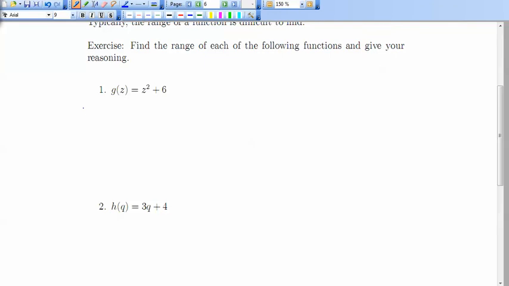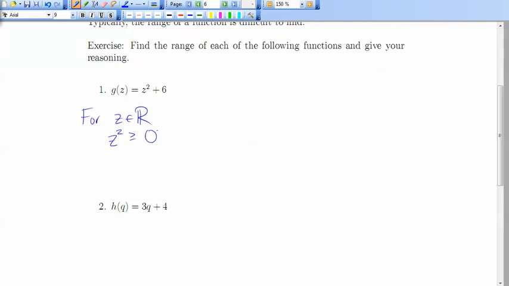Now, if I look at my function here, g of z is equal to z squared plus 6. Now, from our domain, we know that z can be any real number. You can square any real number you like and add 6 to it. But if you think about what squaring does, if you take any real number z, z squared automatically is greater than or equal to 0.